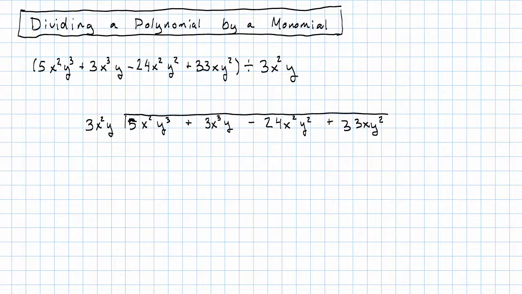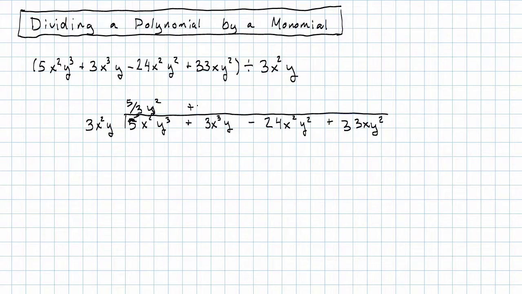Remember, when we divide monomials, we divide the coefficients. So 5 divided by 3, that's just 5/3. X squared divided by x squared, that's just nothing. Y cubed divided by y, that's going to give me y squared.